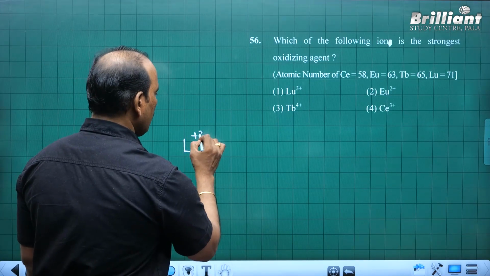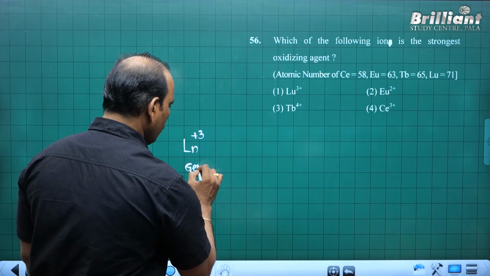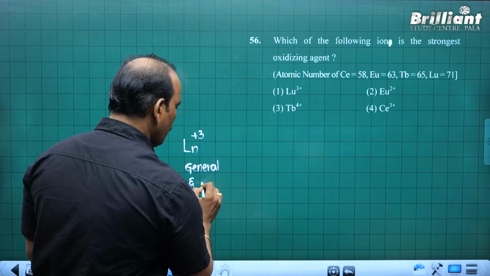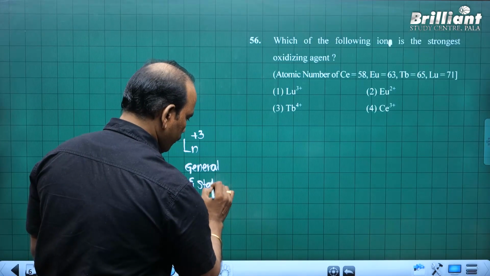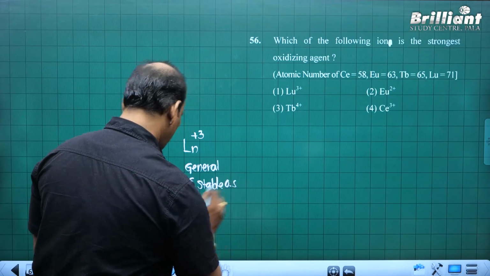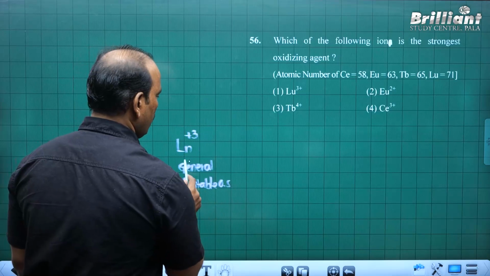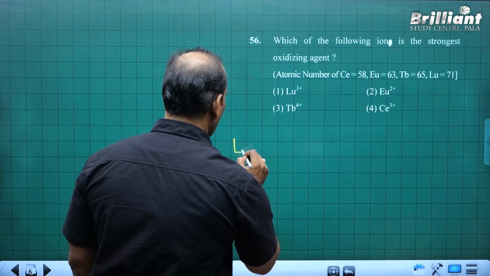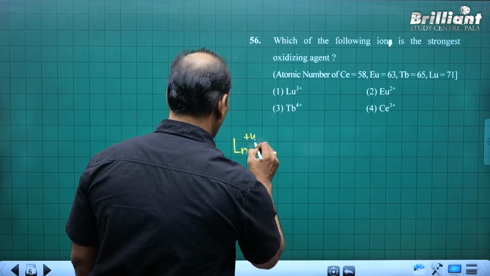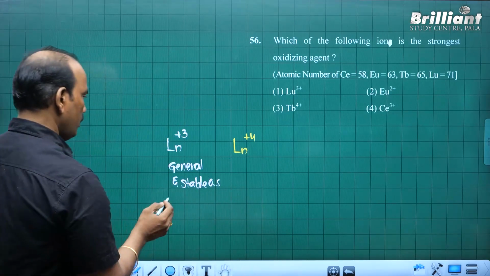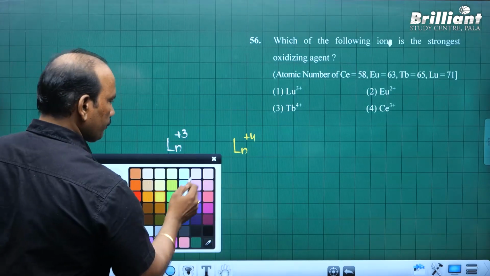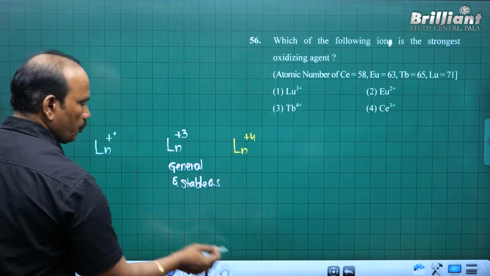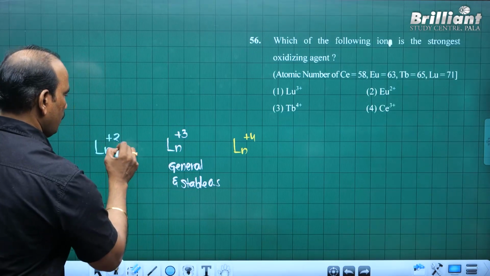Here +3 is the general and stable oxidation state. Clear? Now, next one is Ln lanthanides +4 oxidation state. Then one more is lanthanides +2 oxidation state.